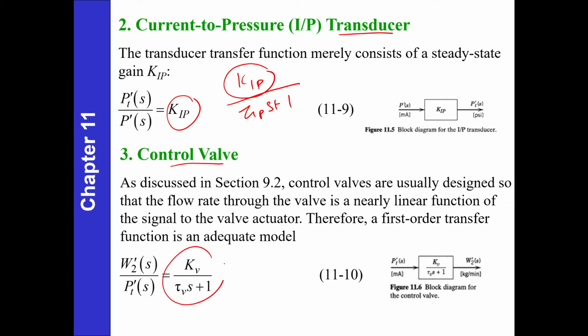We have a first order transfer function, and then this one, also a first order transfer function. Up to this point, you should know how to differentiate first order and second order transfer functions. If not, you have to do some revision.